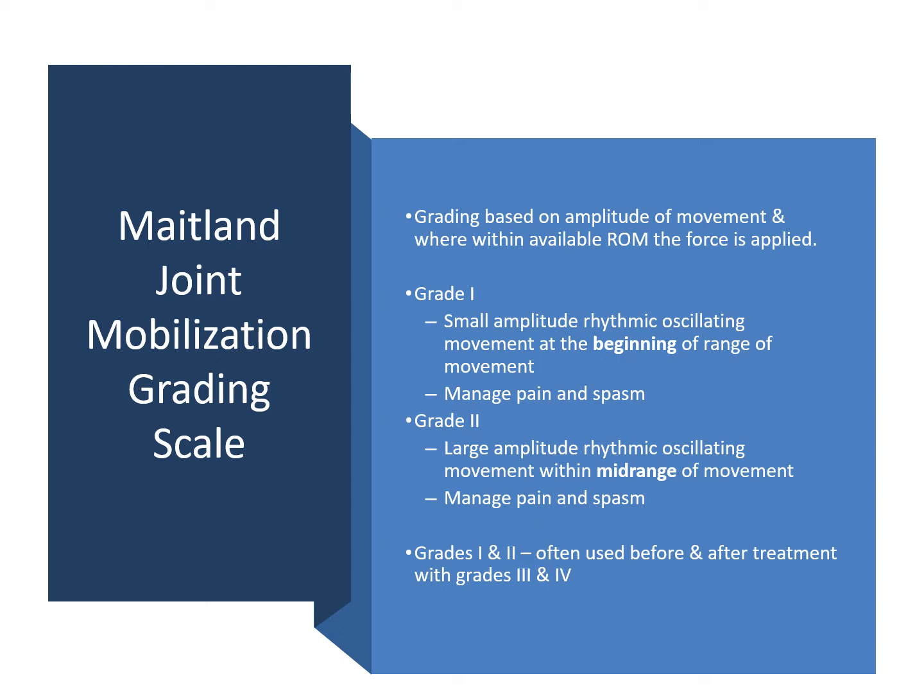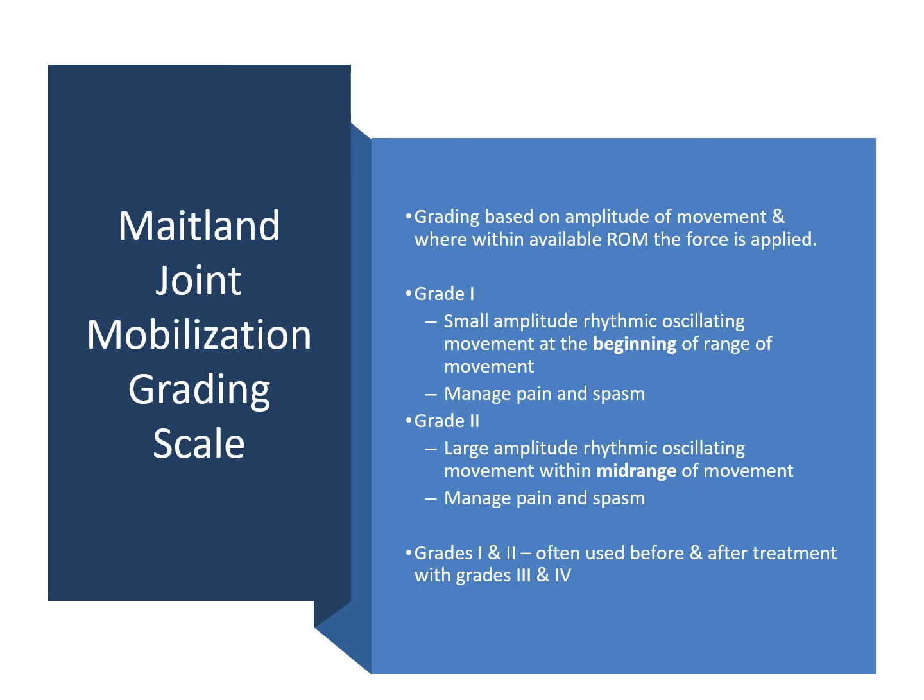Grading is based on amplitude of movement and where within the available range of motion the force should be applied, which means the amplitude of how much force and pressure you are giving, and exactly in which range of motion you are applying these glides.